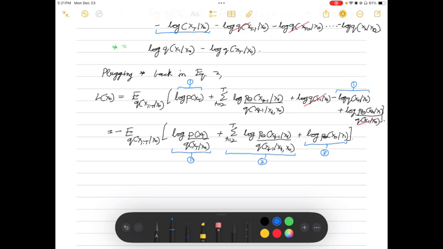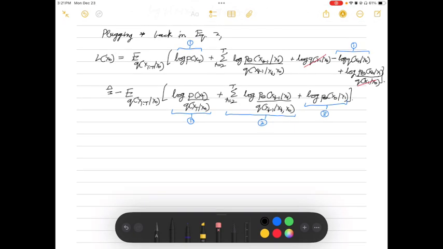So those are the three terms in our negative ELBO objective, that we can maximize or minimize depending on the loss function you want to use.